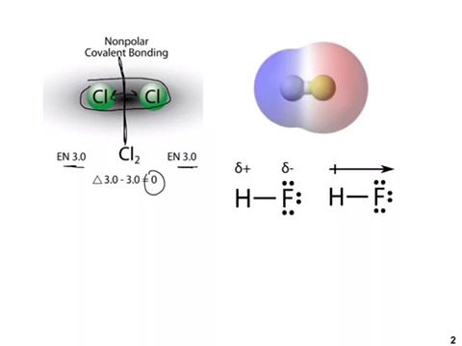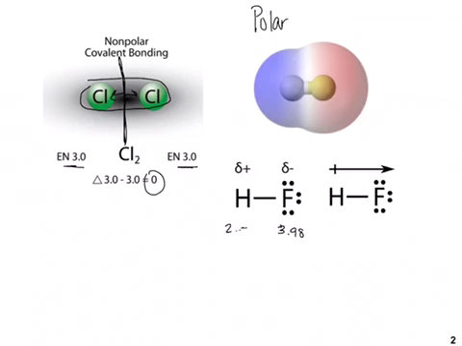However, when we have hydrogen fluoride, we now have a polar molecule, and we can see if we looked at their electronegativities, fluorine is 3.98 and I believe hydrogen is 2 point something.